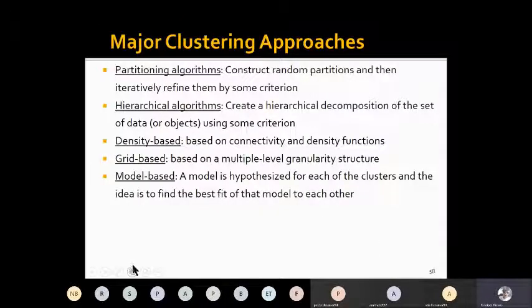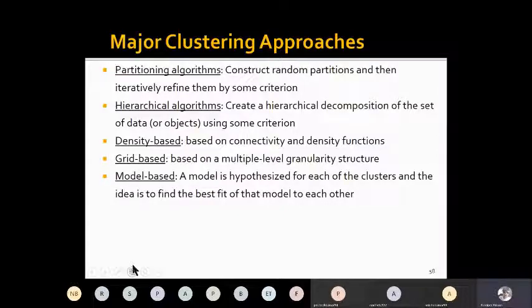These are the major clustering approaches. Today we will talk about partitioning and hierarchical algorithms. In the partitioning algorithms, we randomly partition data points and then assign data points to individual partitions, and we iterate over these assignments until we are minimizing the intra-cluster distance and maximizing the inter-cluster distance.